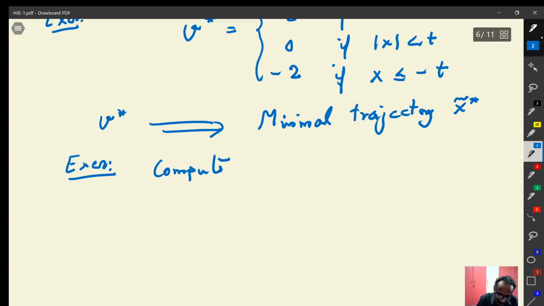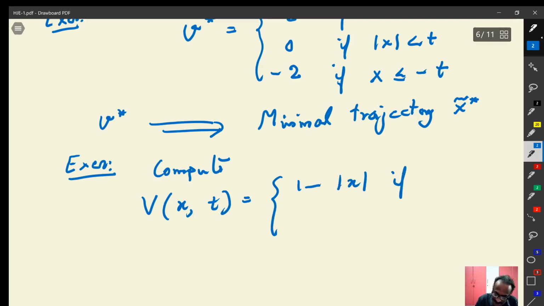Compute the minimum value, V of x, t is equal to 1 minus mod x if mod x is greater than or equal to t, everything there depends on t, you see, and 1 minus t if mod x is less than or equal to t.